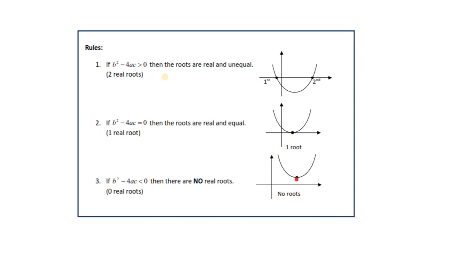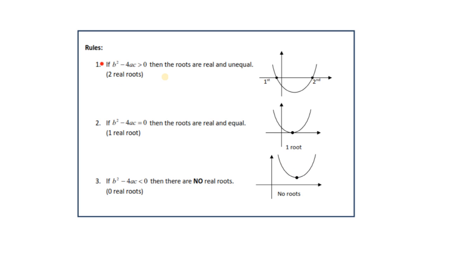And we've got three individual types of how that can happen. The parabola can cross the x-axis twice, like in the first one. It can cross the x-axis once, like in the second diagram, or it will never come into contact with the x-axis at all, like in the third diagram.